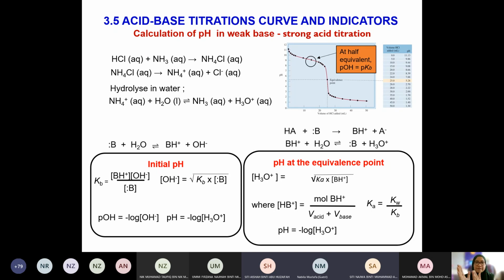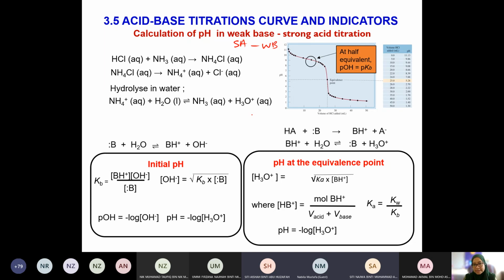We have weak base versus strong acid titration. Okay, so it can either be strong acid versus weak base, because yang paling important, you should know which of these two is placed in the conical flask.